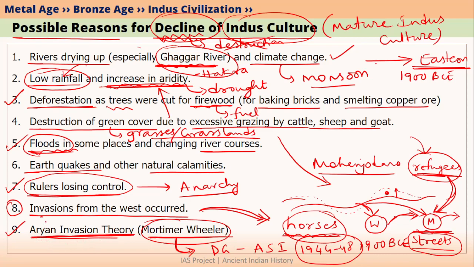Whatever the case is, we will again study about Aryan invasion theory in our lectures of Aryan culture. So please remember this person because I will be taking note of this person once again. So basically this is about the decline of mature Indus culture. In our next video, we will learn about the late Harappan culture or the late Indus culture.